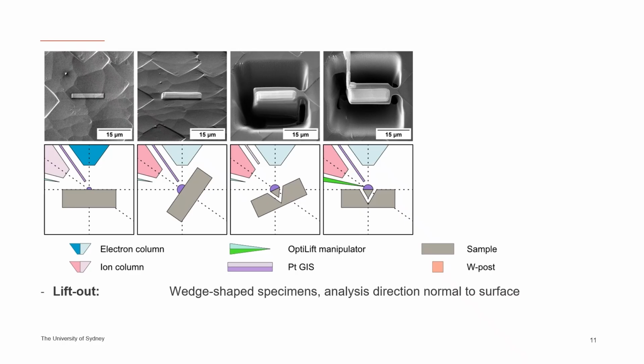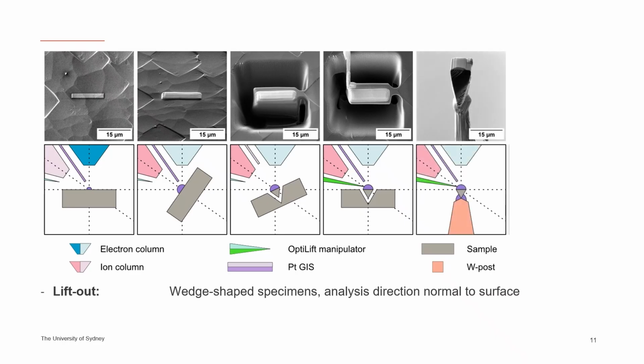To study the surface contaminants as well as their progression into the bulk material, we chose again an analysis direction perpendicular to the sample surface. We therefore sectioned the lift out into a small batch of 1 to 2 specimens by attaching them on tungsten posts, as shown on the right-hand side.